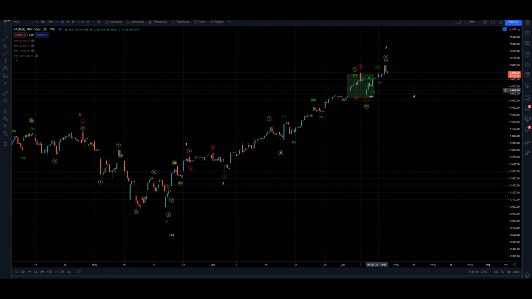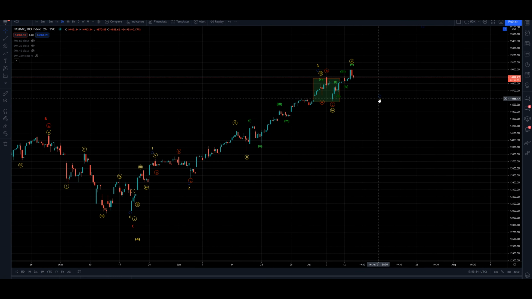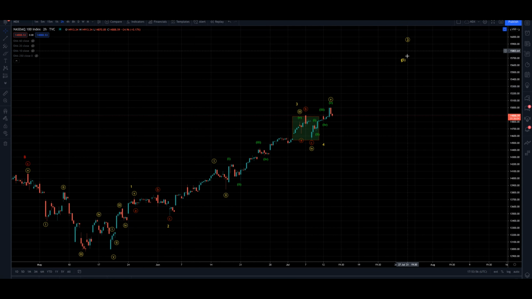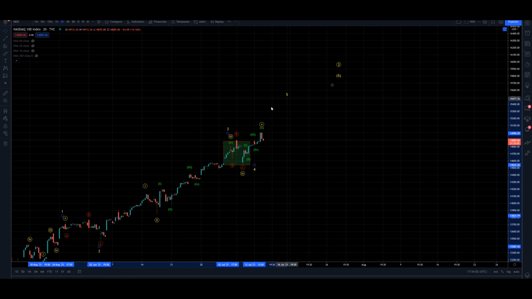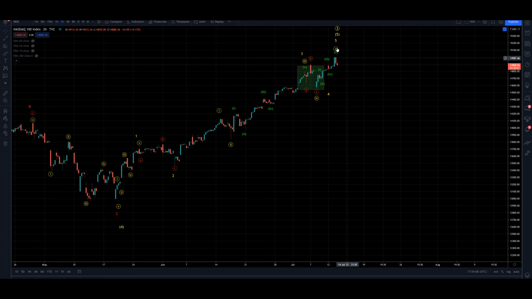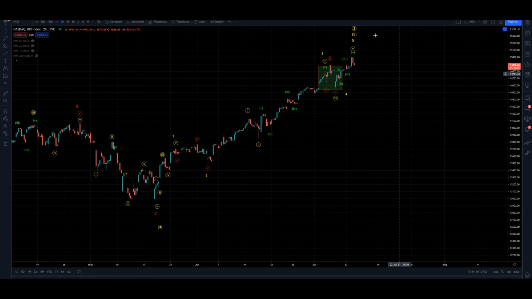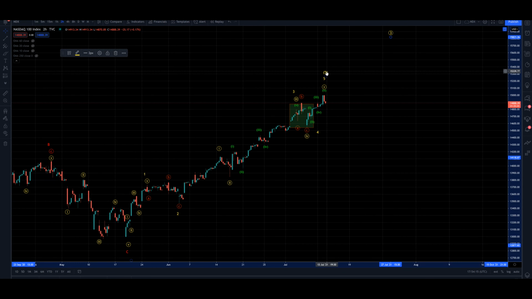So the question here is, have we gone 3, 4 minor time frame and now 5, completing the 3, which would now result in a substantial pullback or a beginning of a primary wave 4.